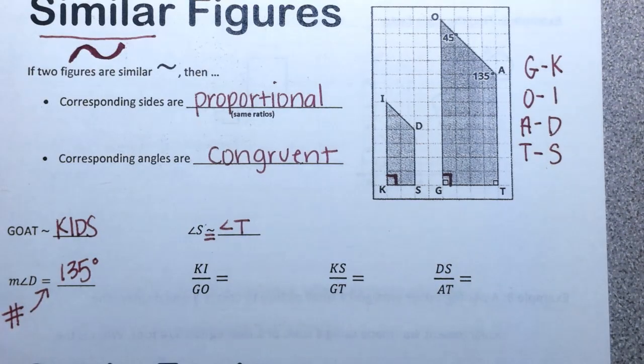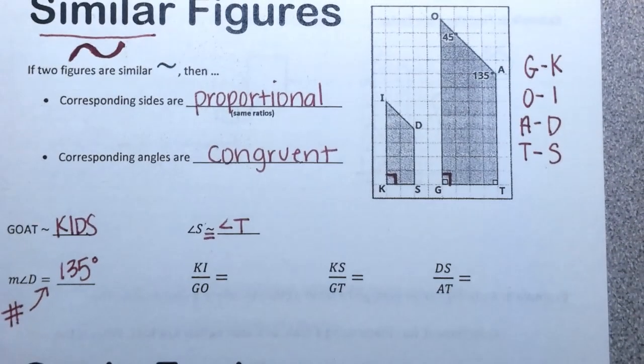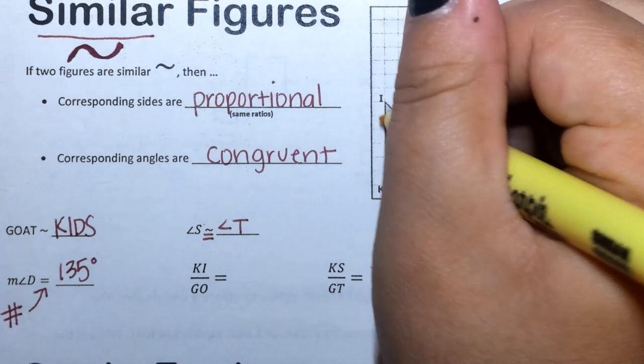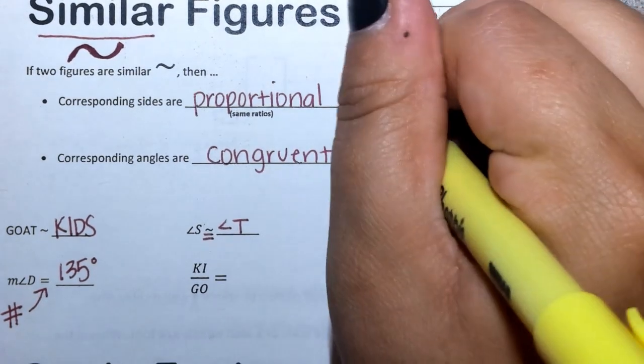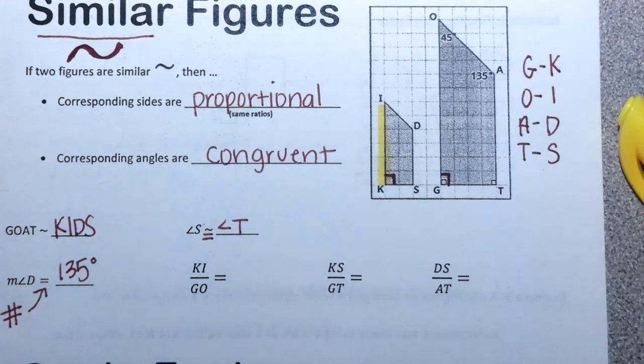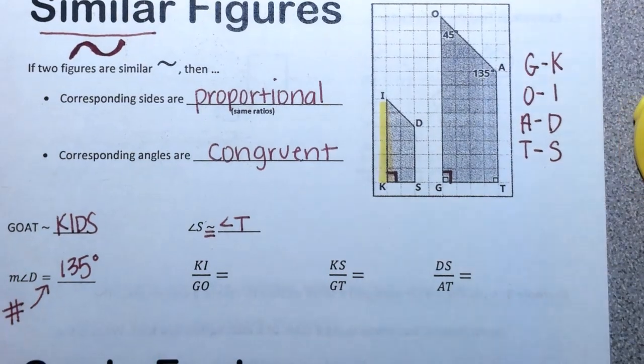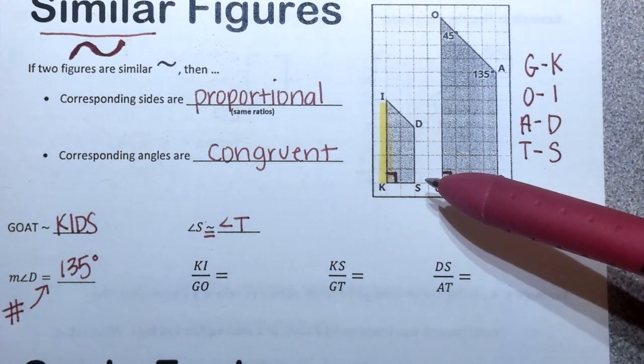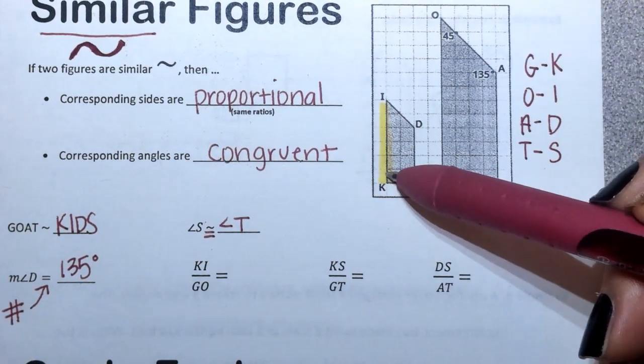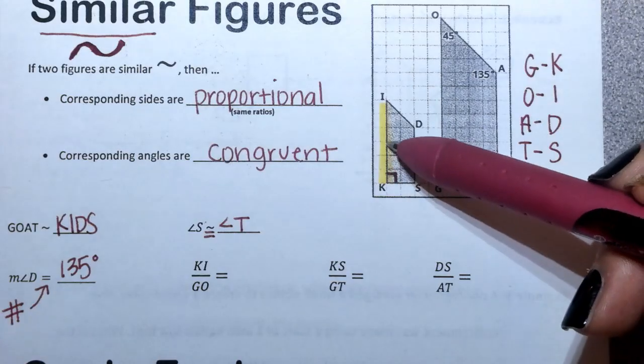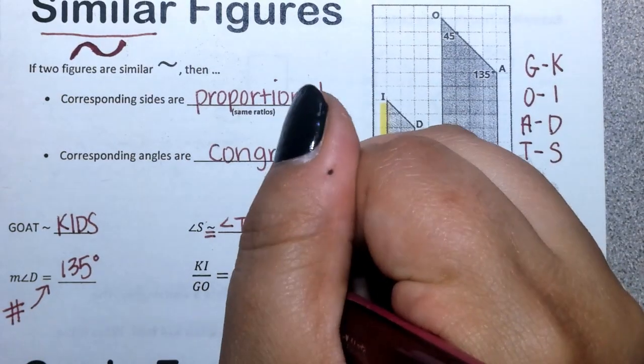KI over GO equals what? If you have highlighters, if you want to go grab highlighters, you can. I'm going to use them right here. It's an equal sign. So what do I want here? A number. How long is KI? 6.